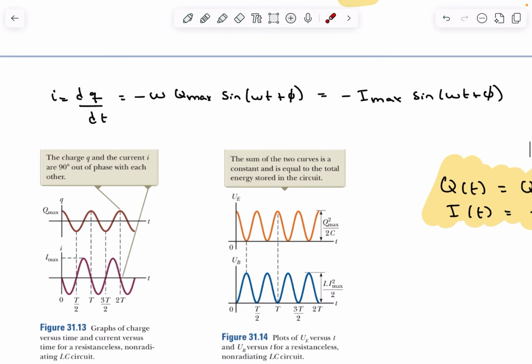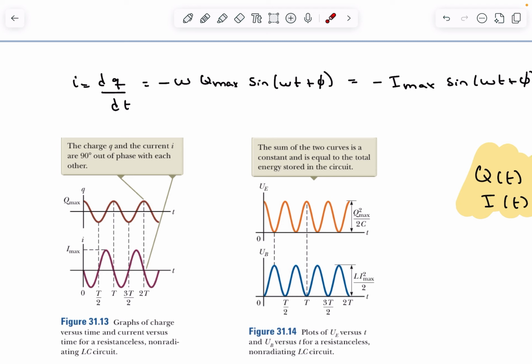If we were to then look at them together, like we were to plot them, we'd see that whenever we have the maximum amount of Q, that is when our capacitor is fully charged, and that is when we have no current. So that's like at the very beginning scenario where our capacitor was fully charged, placed in the system. Then when we have I max here, we have no charge.